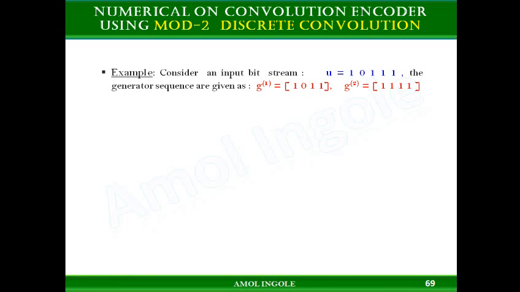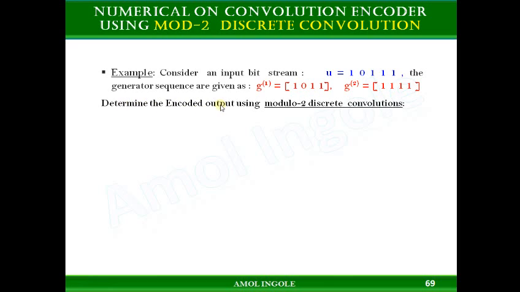To understand this properly, we'll see one numerical on convolution encoder using modulo 2 discrete convolution. So let us consider this example where the input bit stream is given as 10111 and the generator sequences are given as G1, which is 1011, and G2, which is 1111.